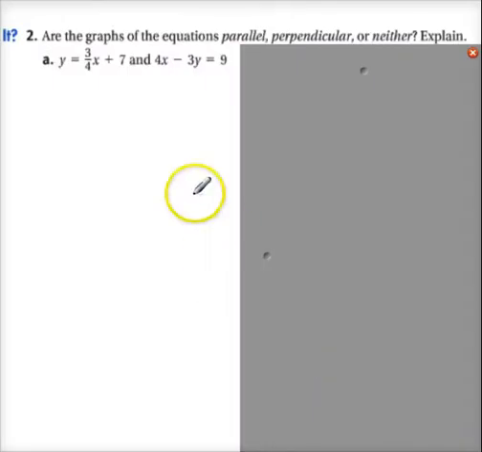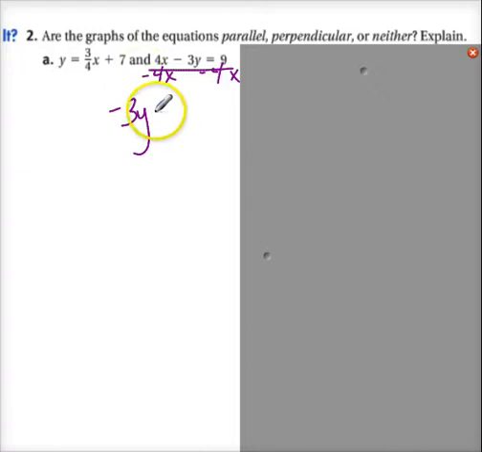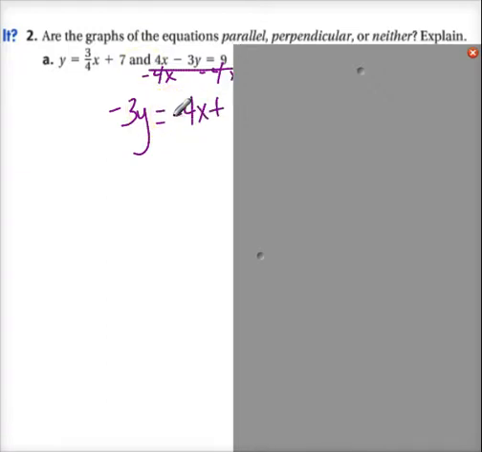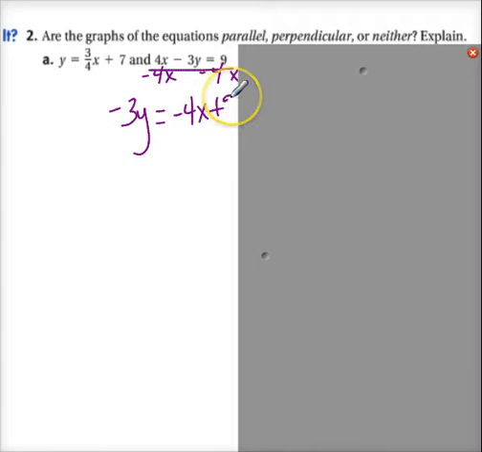Let's look at another example. All right, y equals 3/4 x plus 7 is already in y equals mx plus b. So I'm going to look at this equation. I'm going to subtract 4x from both sides. So I have negative 3y equals negative 4x plus 9. Oops, 9. Divide by negative 3 to everything over here.